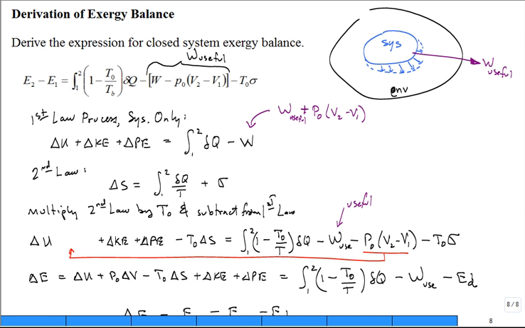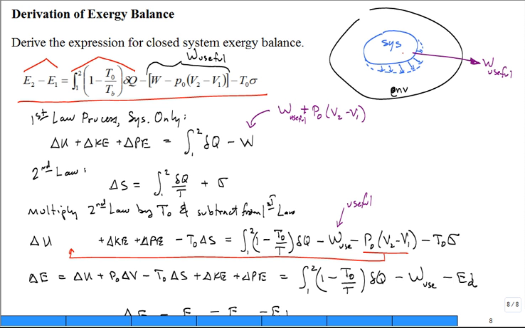It says derive the expression for the closed system exergy balance. Well, here is the equation right here out of the textbook. For an exergy balance for a closed system, the change in the exergy from initial to final state is equal to a term where exergy is being transferred with heat, as well as the work minus this boundary work of pushing into the environment.